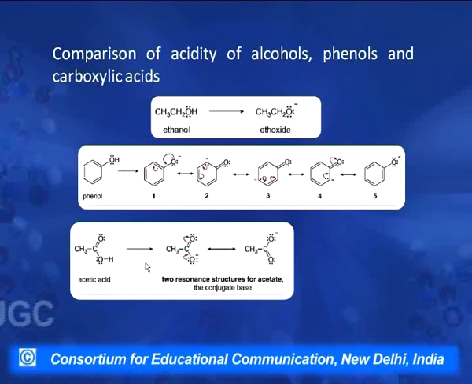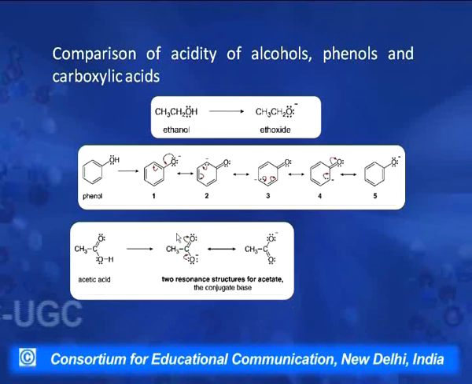Now, let us compare it with carboxylic acid. When a carboxylic acid undergoes dissociation, we get this carboxylate anion. Here also oxygen carries the negative charge, and this negative charge is distributed by this resonating structure over another oxygen.